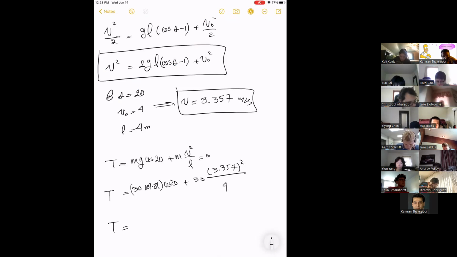And if you solve all of this, you should get your T as 361 Newton.